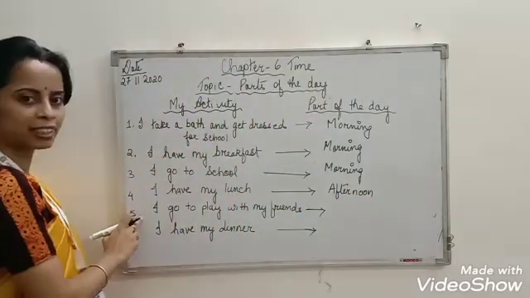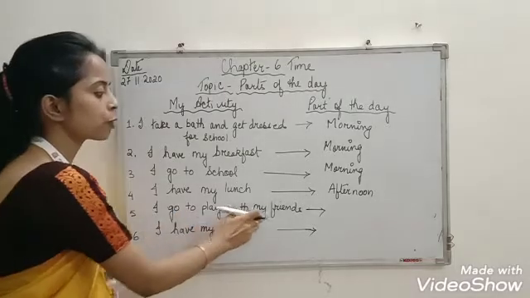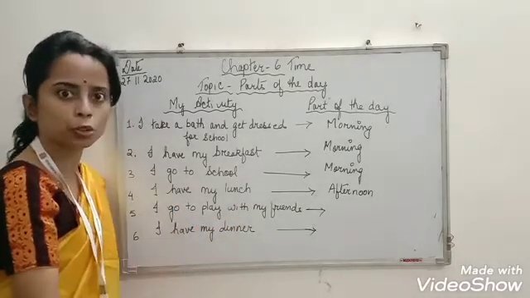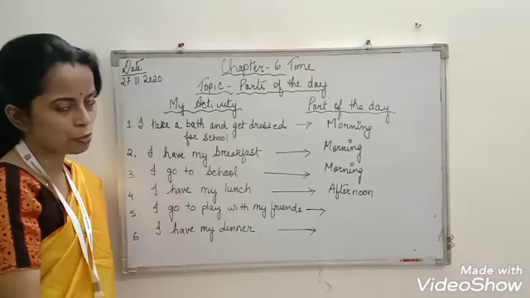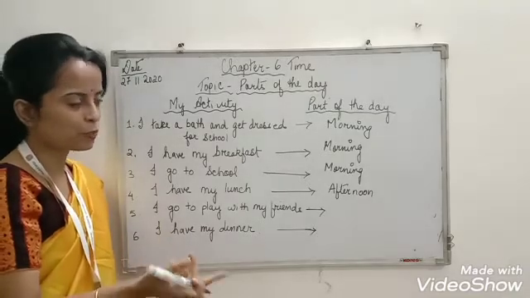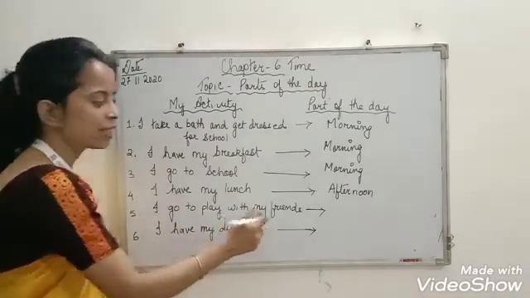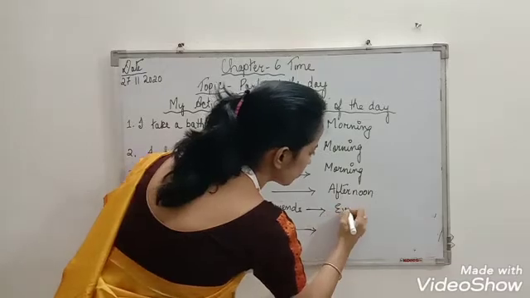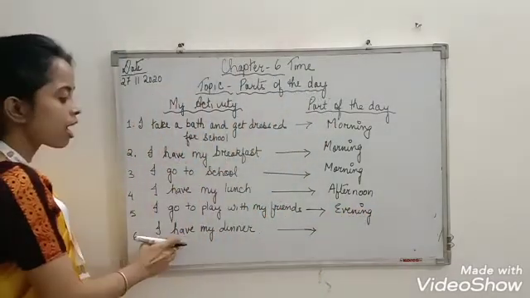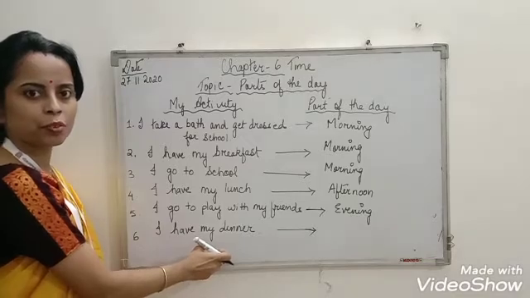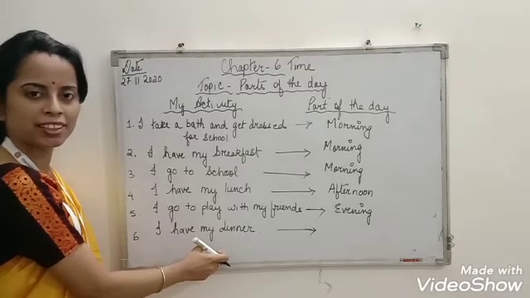Next activity: I go to play with my friends. When do you go to play with your friends? Morning? No, in the morning you go to school. So we write evening. The last one: I have my dinner. When do you have your dinner?